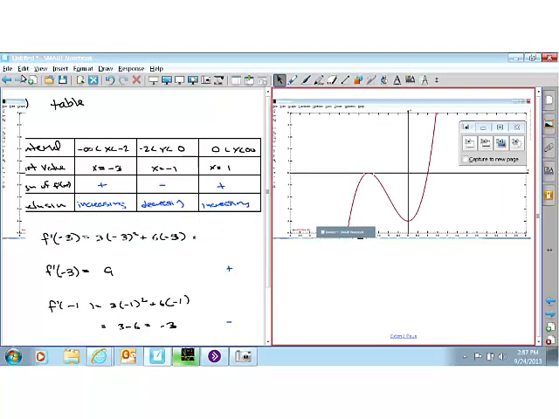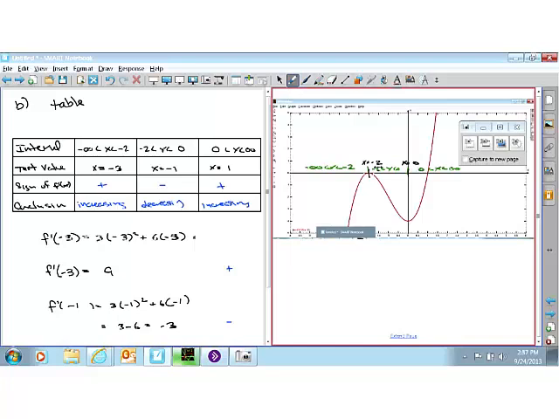So here are the critical numbers, x equals negative 2 and x equals 0. So we break it up into three intervals: from negative infinity to negative 2, which is here, from negative 2 to 0, which is this interval, and then from 0 to positive infinity.